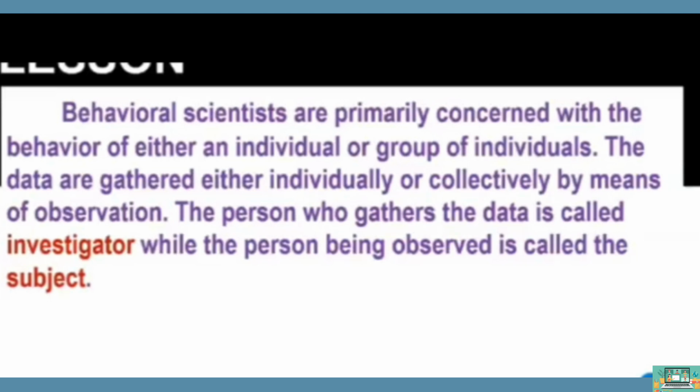The person who gathers the data is called the observer, while the person being observed is called the subject.